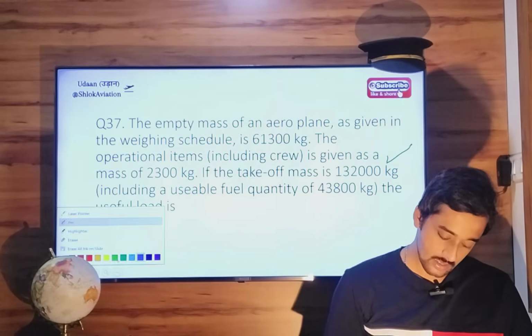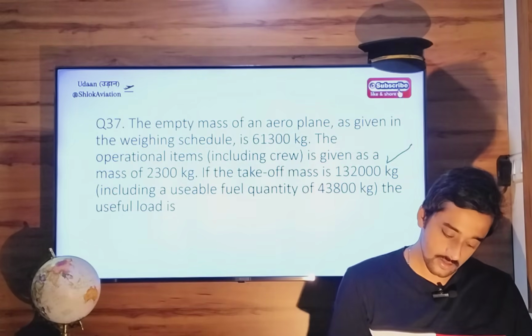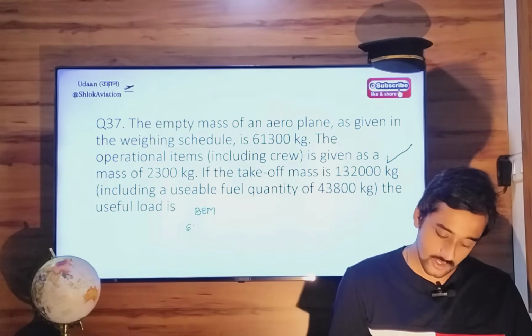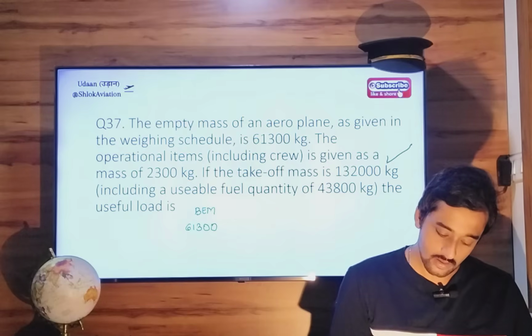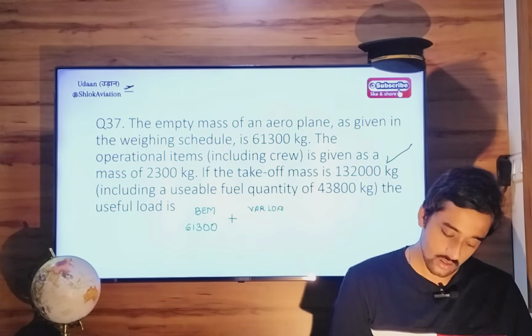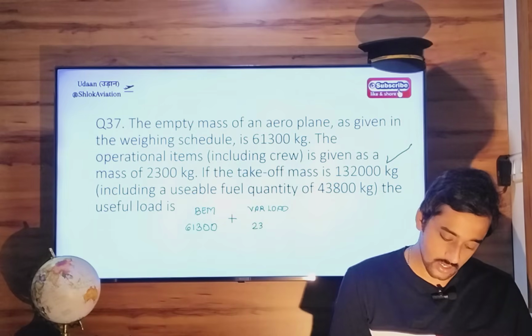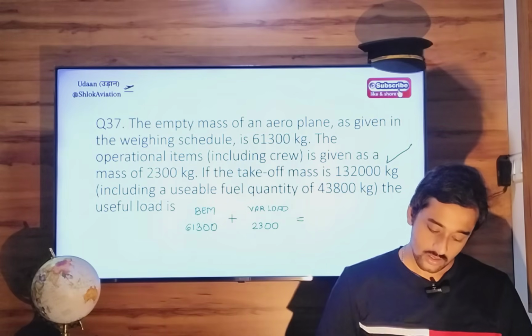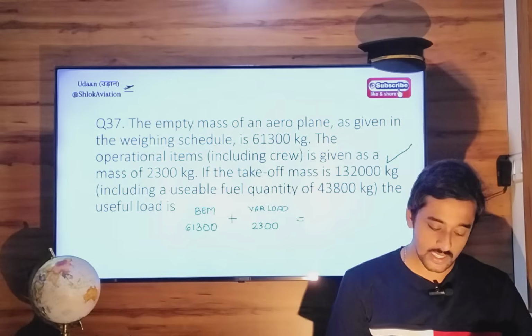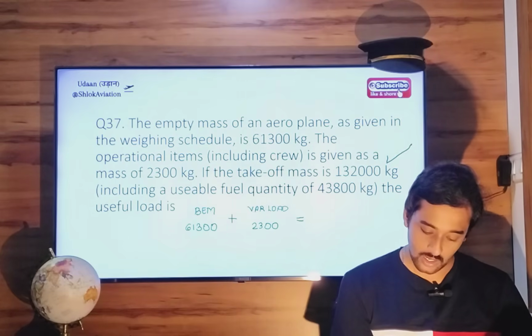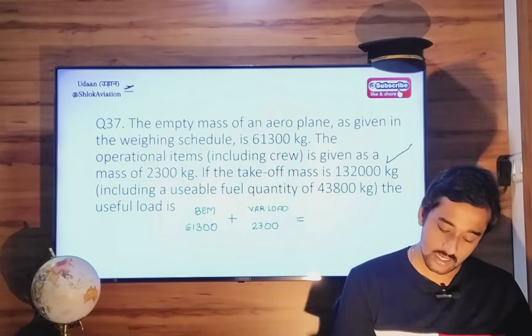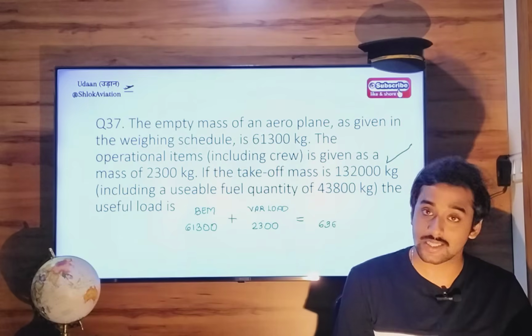So basic empty mass is 61,300. Variable loads is 2,300. So dry operating mass will be 61,300 plus 2,300, that is 63,600.